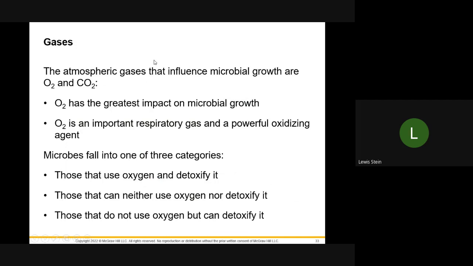Oxygen levels. Very much different. To me, the one we have to deal with is oxygen. Oxygen has the greatest impact on it because it's an oxidizing agent. It's the same problem we have with our cells: toxic derivatives of oxygen.